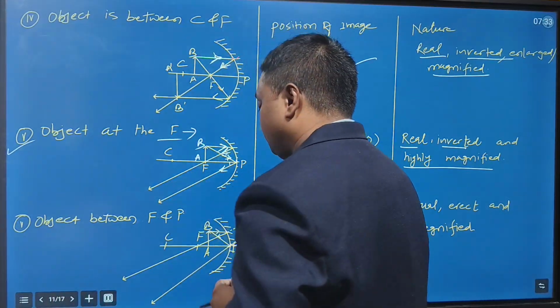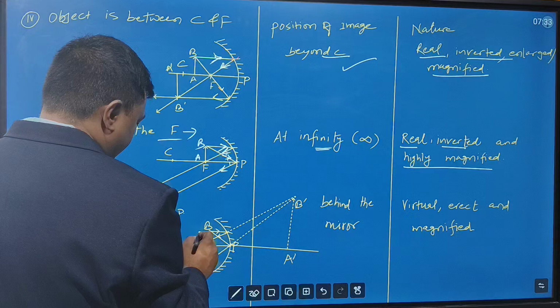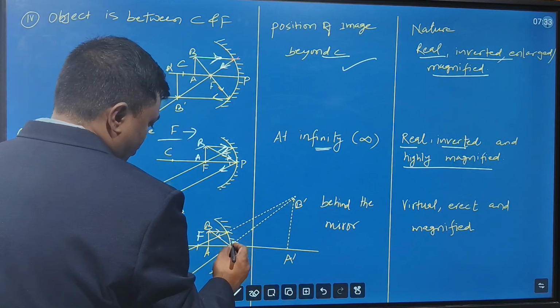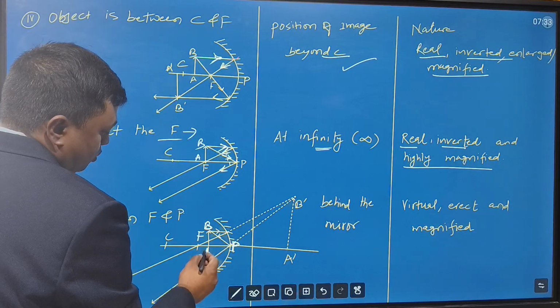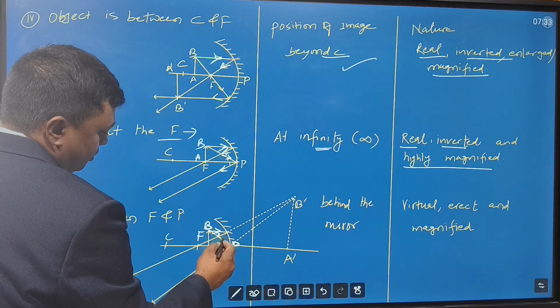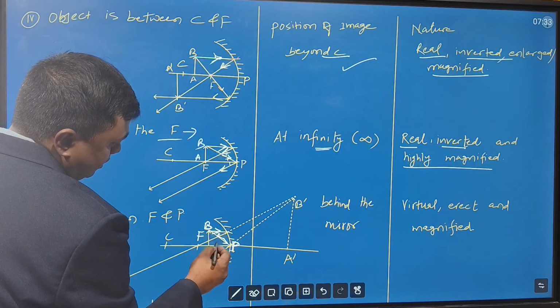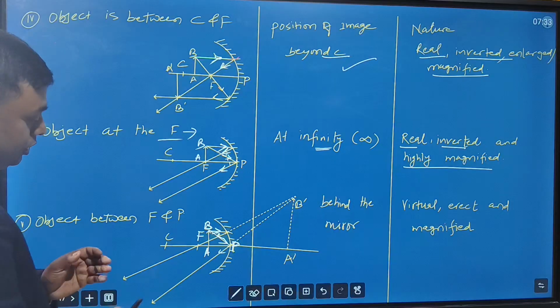Yes or no? Next, whenever the object is between focus and the pole, you can see this point is focus and this point is pole. So here object is there. AB is the object. So here one ray you take parallel, it will pass through the focus. Yes or no? Second, you incident obliquely, so it will reflect obliquely only. Now these rays will be diverging.